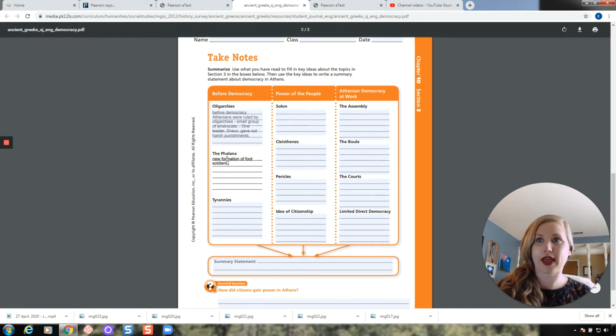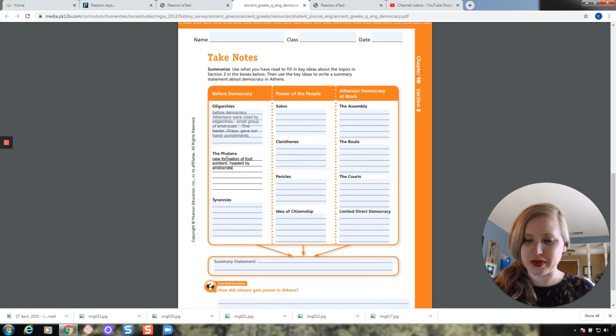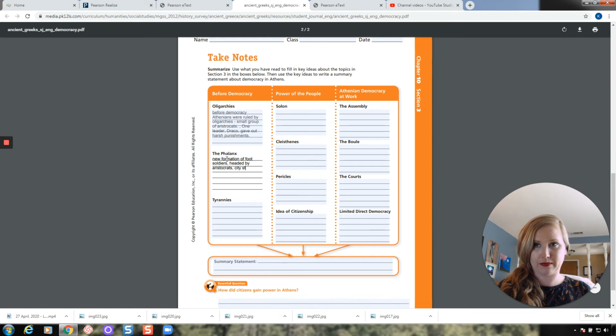We see that they were headed by aristocrats. And we see that the city-states depended on them. And they gained political power.